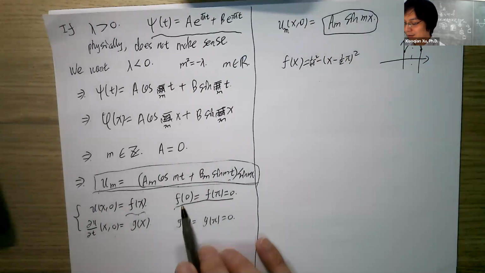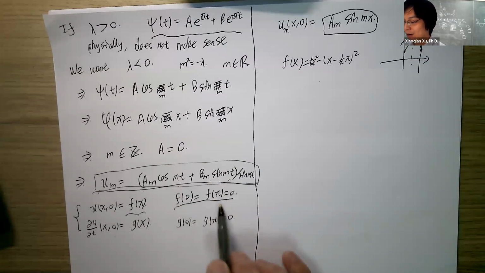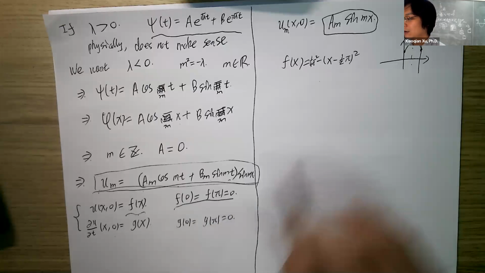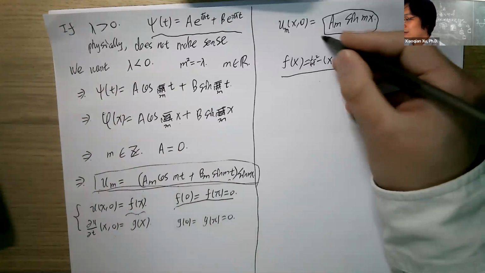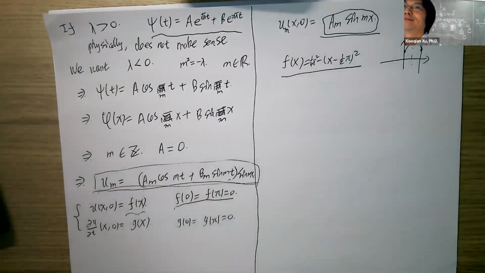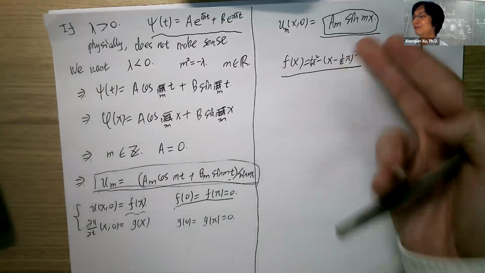This function satisfies f(pi) equals f(0) equals 0. But of course, this function is not of this form, and it's quite different from this form.